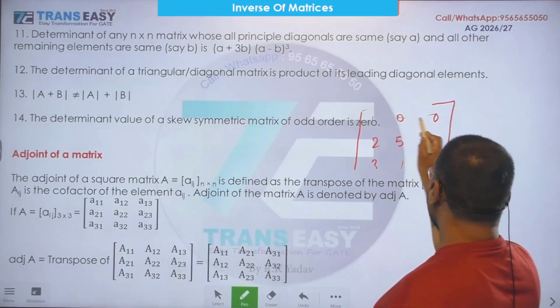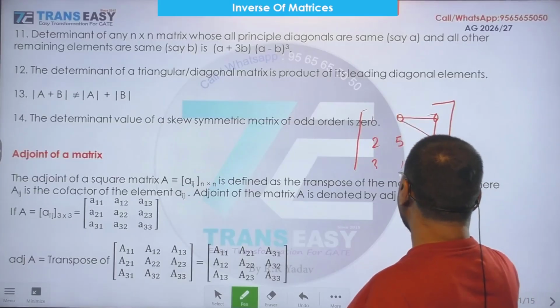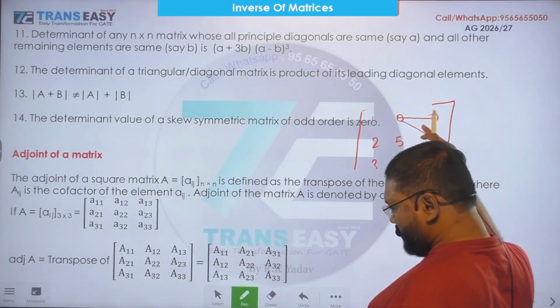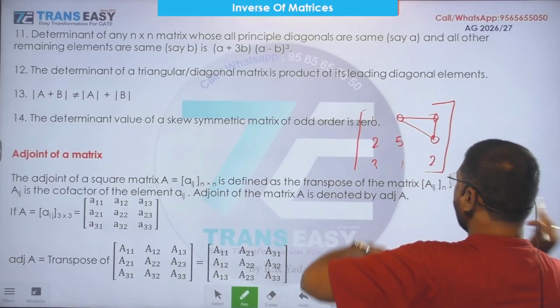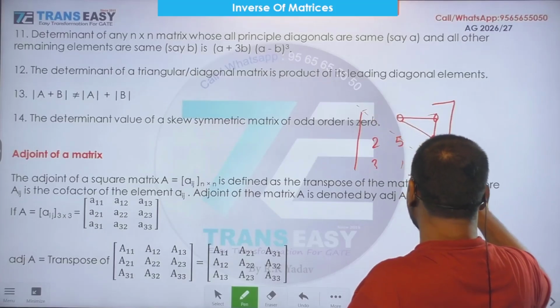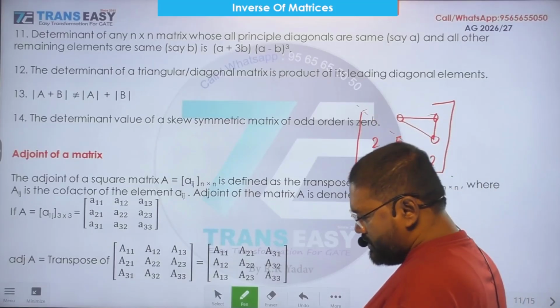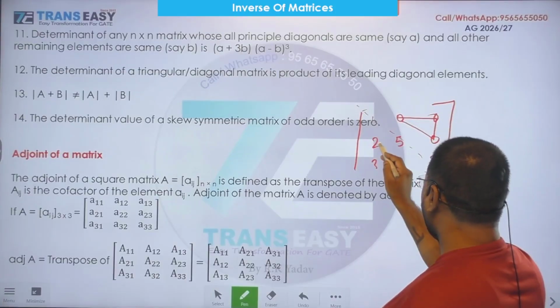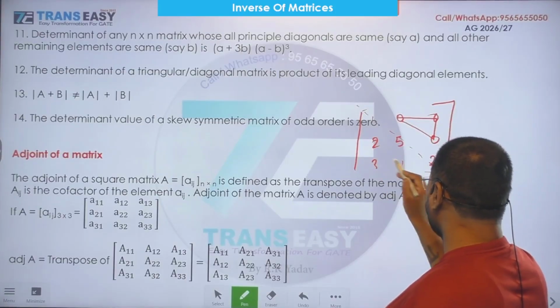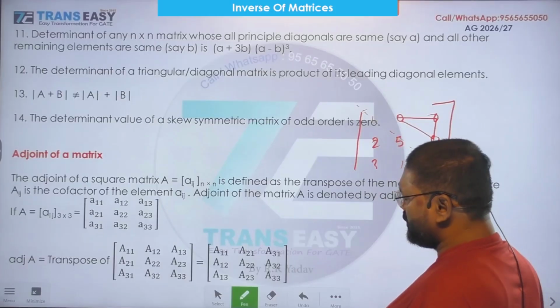So this is a lower triangular matrix. A triangle with 0 is formed above the principal diagonal. This is called a lower triangular matrix. Right? अगर ट्रायंगल यहाँ पर बनता 0 0 0 below, so this is called an upper triangular matrix.